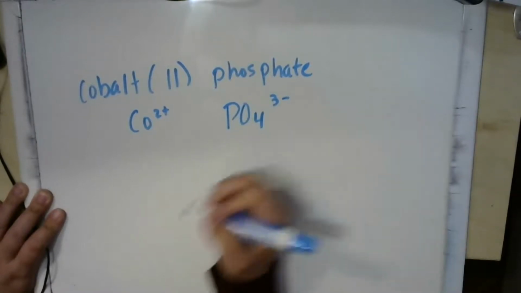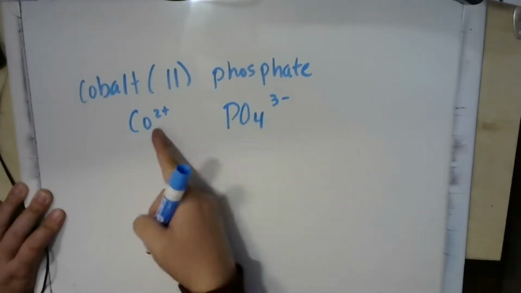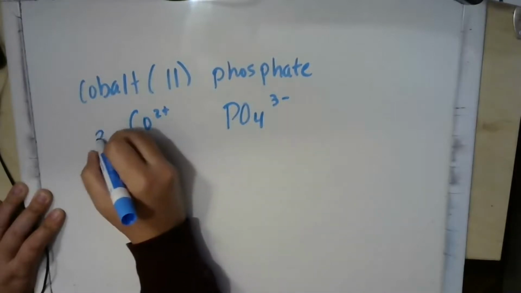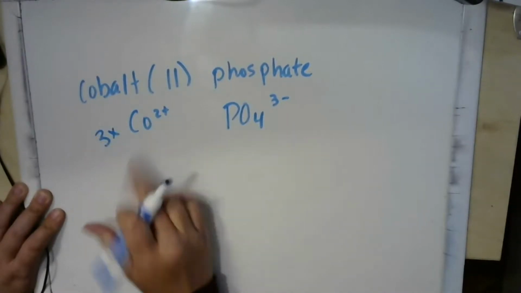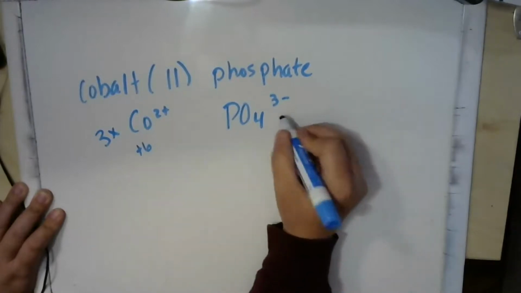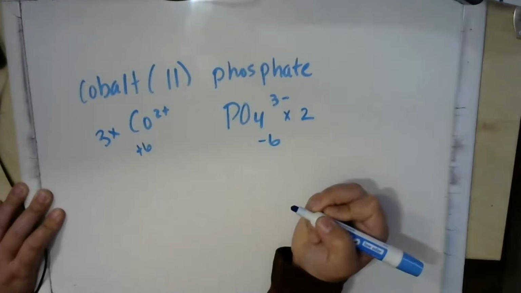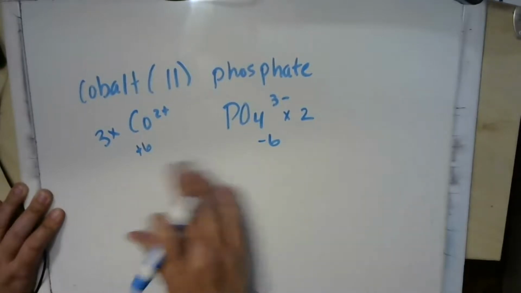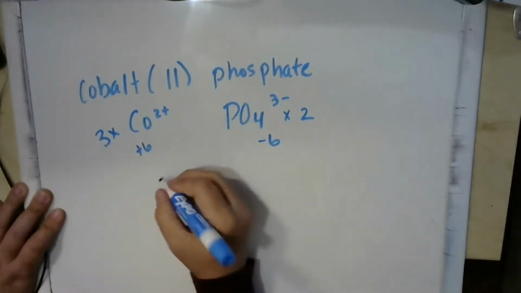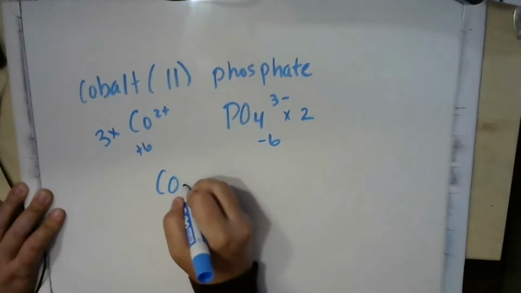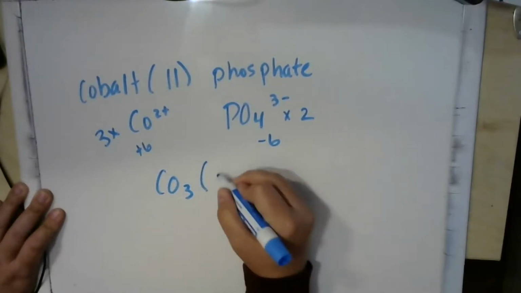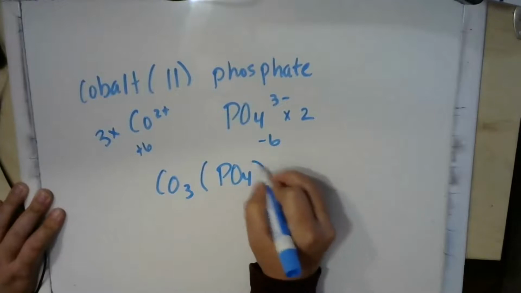If I look at the +2 and the -3 charge, I see that I'm going to need 3 cobalts to get a +6 and 2 phosphates to get a -6 and have an electrically neutral compound. So that's what has to be reflected in my formula. So I have 3 cobalts, and I'm going to have 2 phosphates.